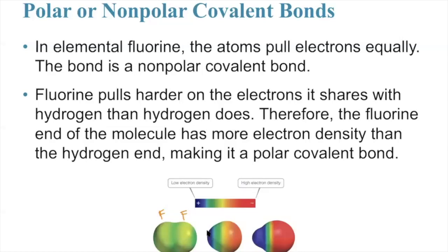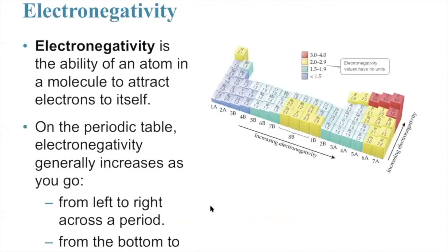In here, you have fluorine, which has about a 4.0 electronegativity, and hydrogen, which has about a 2.1. So fluorine is going to be pulling more, and we draw this vector indicating that fluorine is the more electronegative. Same thing with lithium and fluorine: you can see fluorine pulling more because one is more electronegative than the other. So we consider those polar.